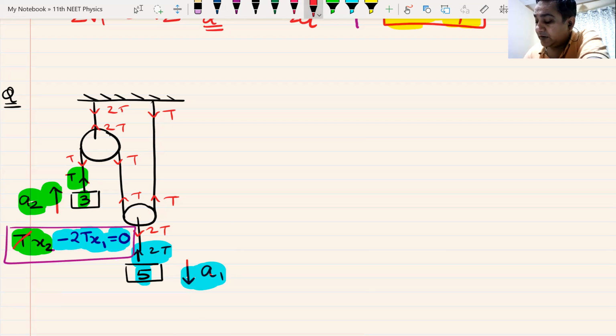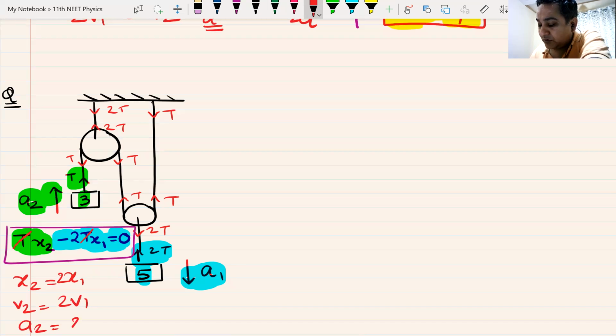Simply T will get cancelled. x2 is 2 times x1. v2 is 2 times v1. a2 is 2 times a1. That means if this goes down with an acceleration a, this will come up with an acceleration 2a.